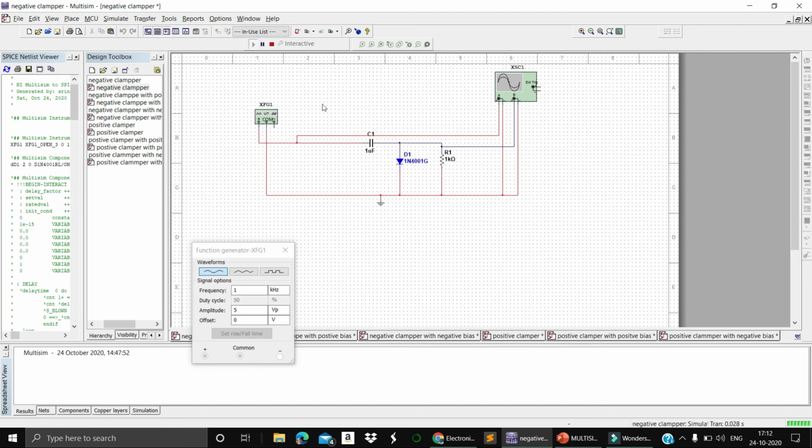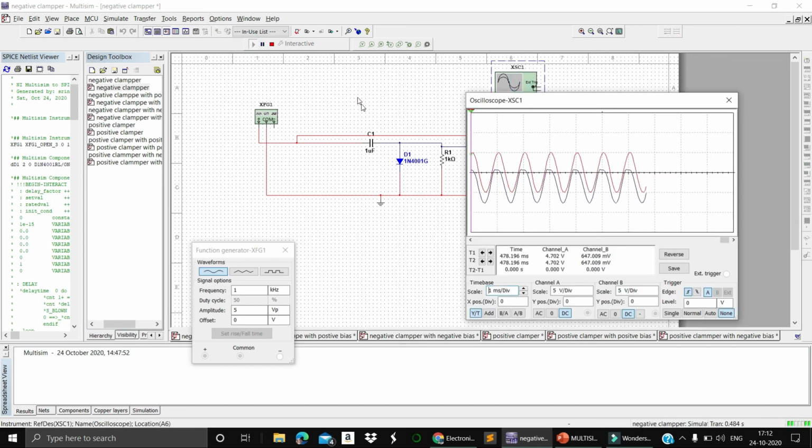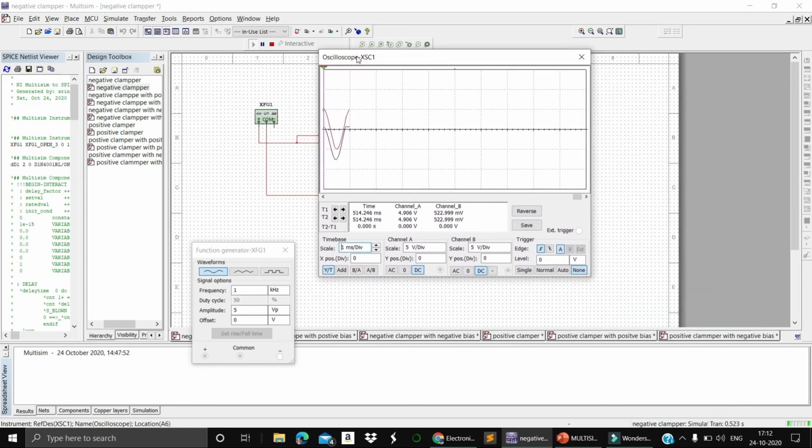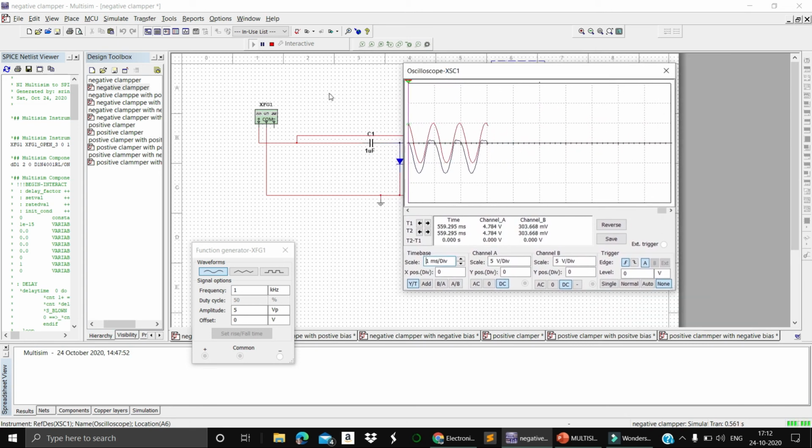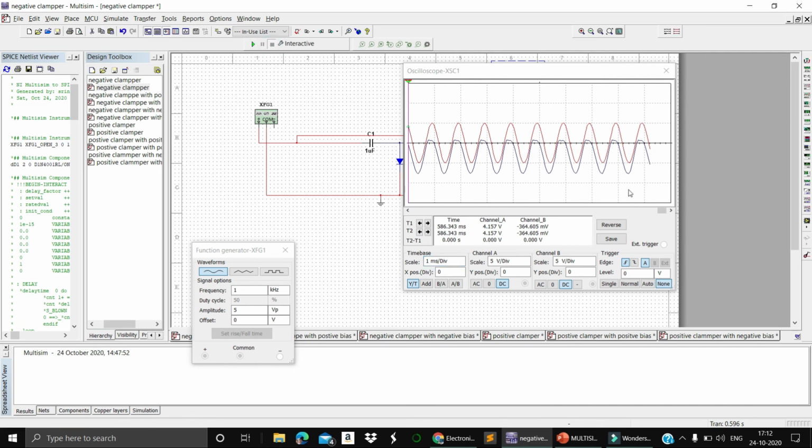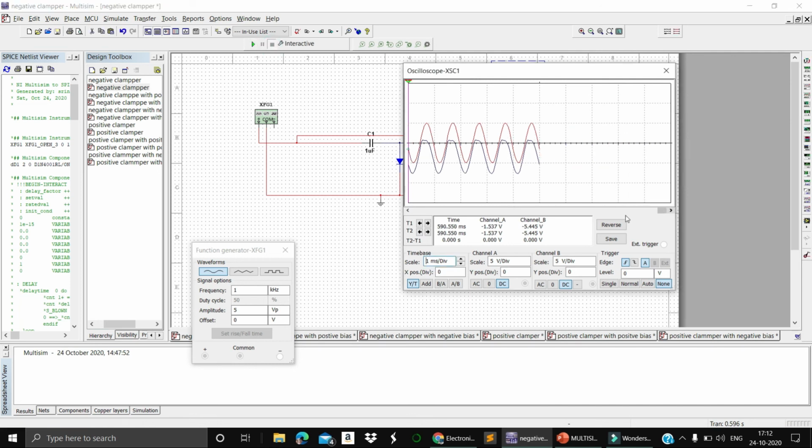When I run it and double click on the oscilloscope, the entire waveform has been shifted such that all the voltage is negative. It means if you give plus 5 volts, then our output will be minus 5 volts.